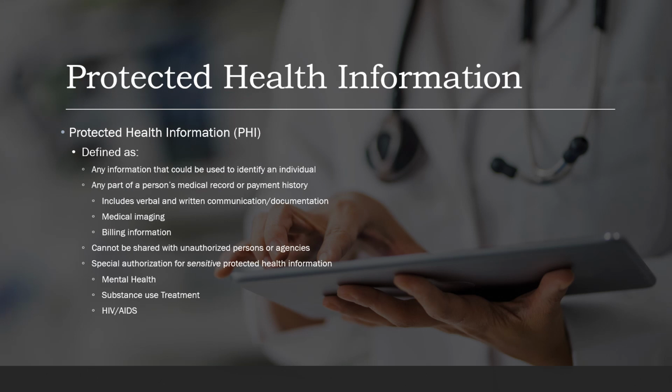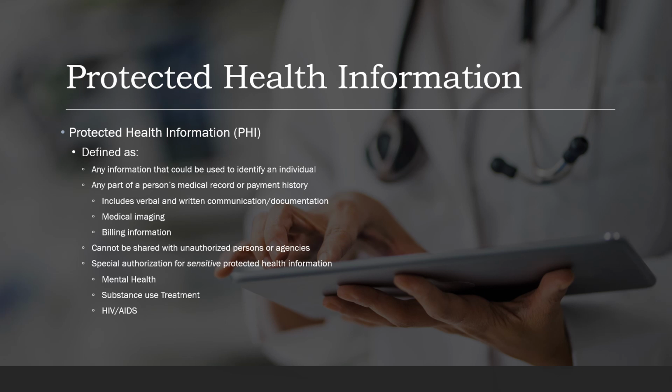Protected health information, or PHI. So confidentiality is what keeps patients' protected health information safe and secure. Protected health information is defined as any information that can be used to identify a patient's identity.